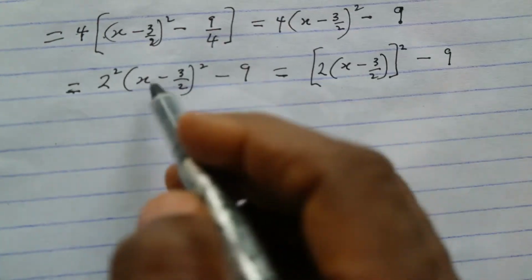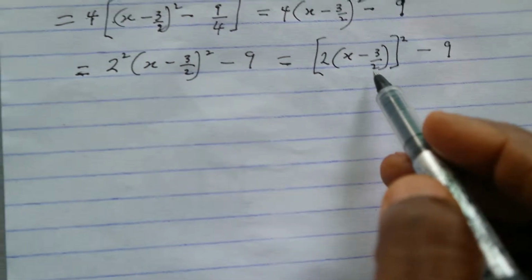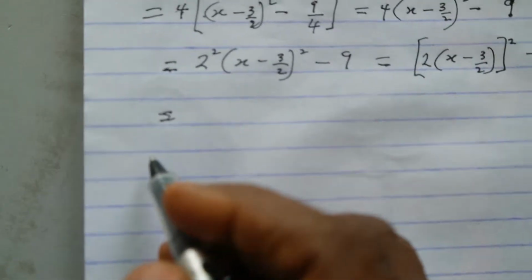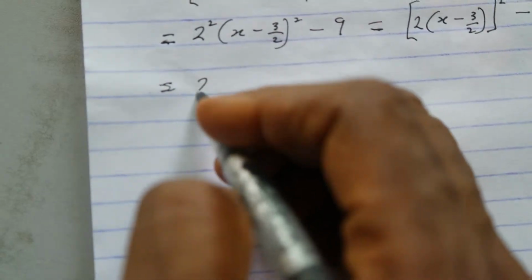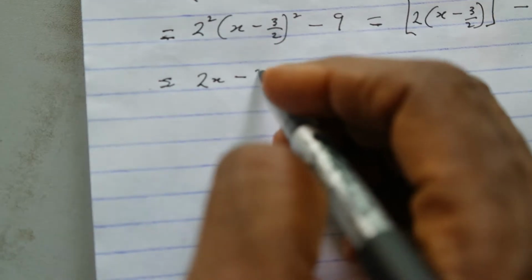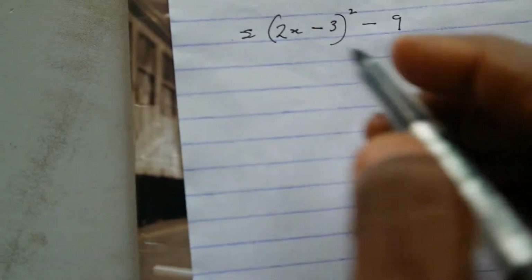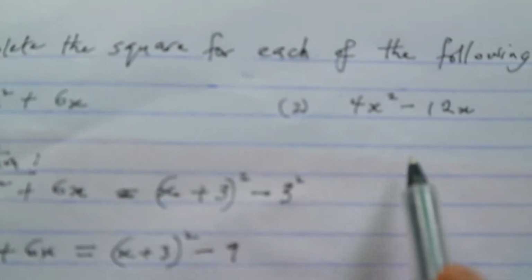Now we can write everything here as this, going by one of the laws of indices. So from there, when you open the inner bracket, we're going to have 2x minus 3 all squared minus 9.